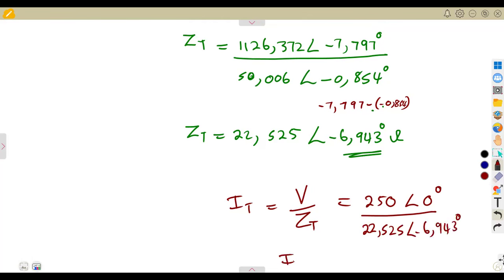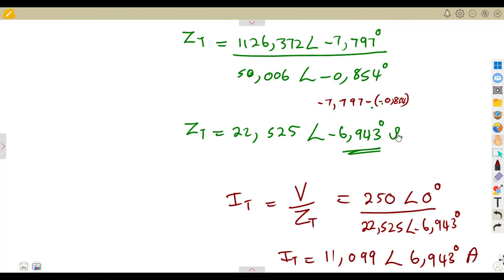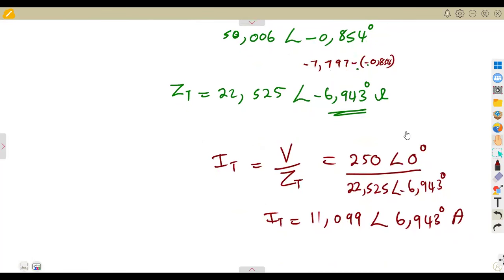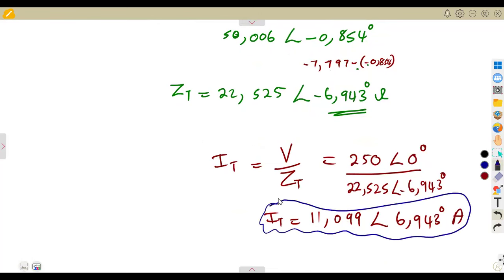So this was going to give us the total current, divide in polar form, 11.099, subtract. So that's 0 minus minus, that will be a plus 6.943 degrees. So that's our total current in polar form. In a case that you need this to be converted, then we have to convert. But in this case, guys, total current, just leave it as it is.